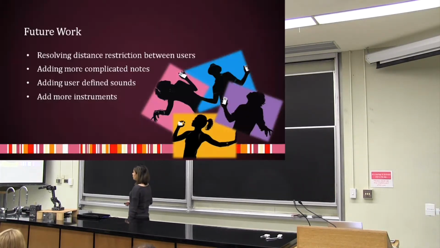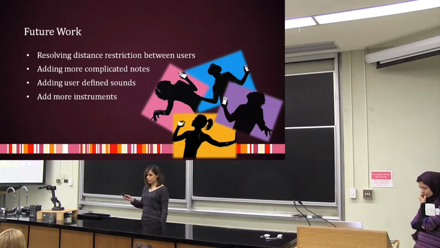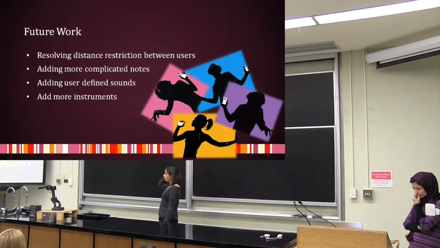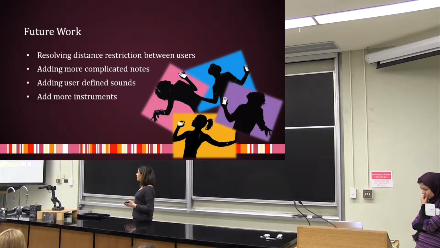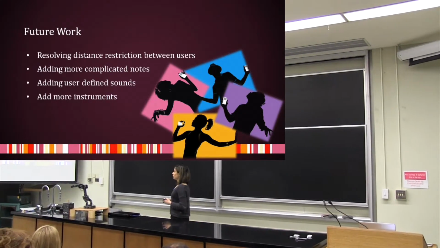As I said, now we are using Bluetooth, and it has a restriction on the distance between the users. So what we would love to do in the future is to use different technologies in connecting the devices and the devices to the speaker to resolve this restriction.